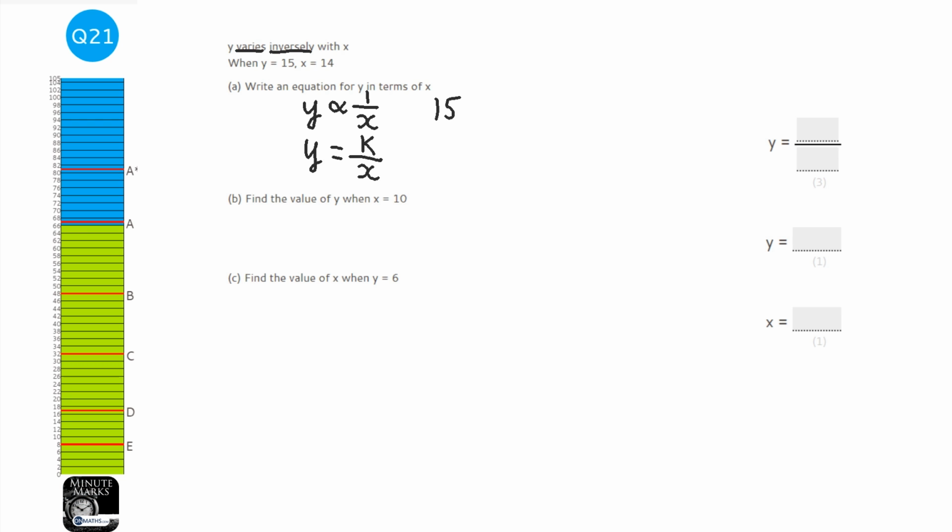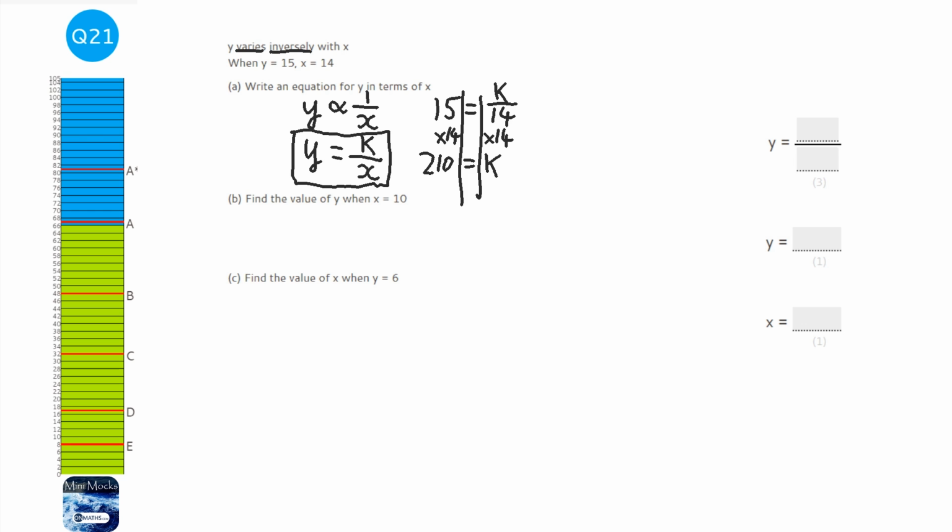So 15 equals k over 14, and we times both sides by 14 to get k equals 15 times 14, which is 210, equals k. So the formula will be y equals 210, which is the value of k, over x.